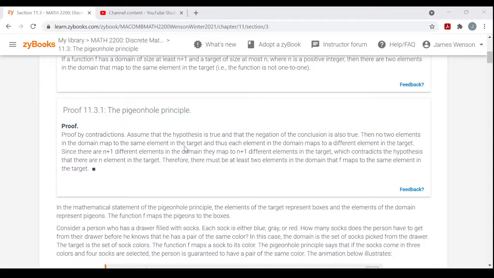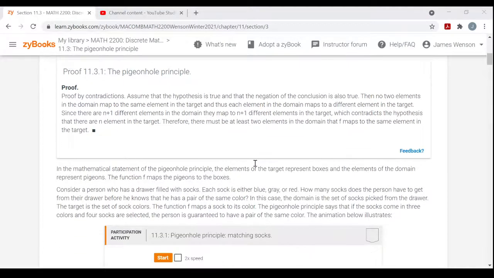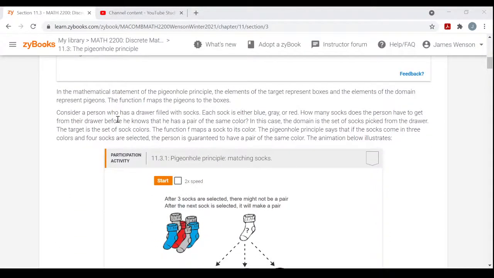And I'll let you read the proof here. I don't want to get into the proof really right now. So in the mathematical statement of the pigeonhole principle, the elements of the target represent boxes, and the elements of the domain represent pigeons. All right, the function f maps the pigeons to the boxes.